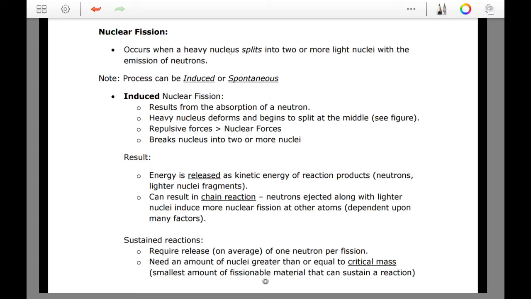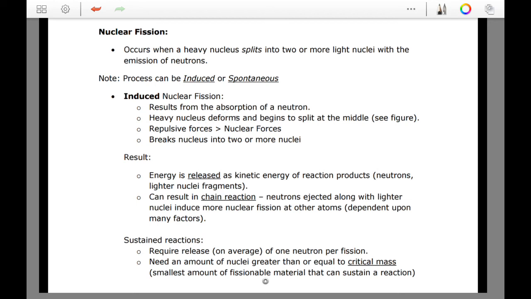So the splitting of the heavy nucleus can be induced by a neutron, or it can happen spontaneously without any external support from the environment. And so an induced nuclear fission, like I said, involves a neutron, and this results from the absorption of that neutron, and it sort of results in the nucleus being deformed.